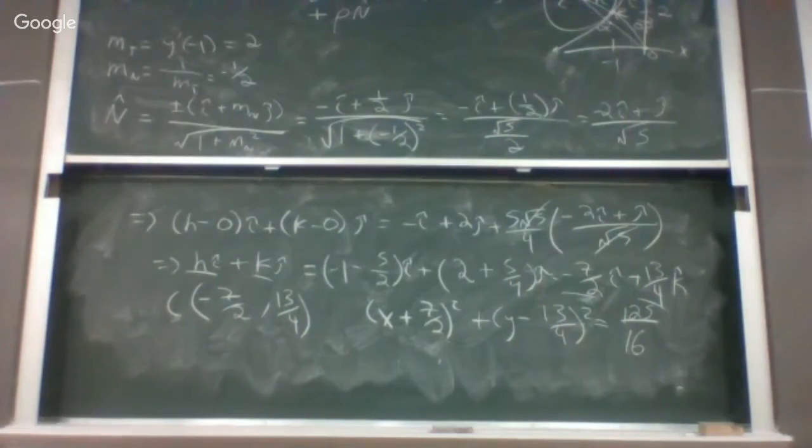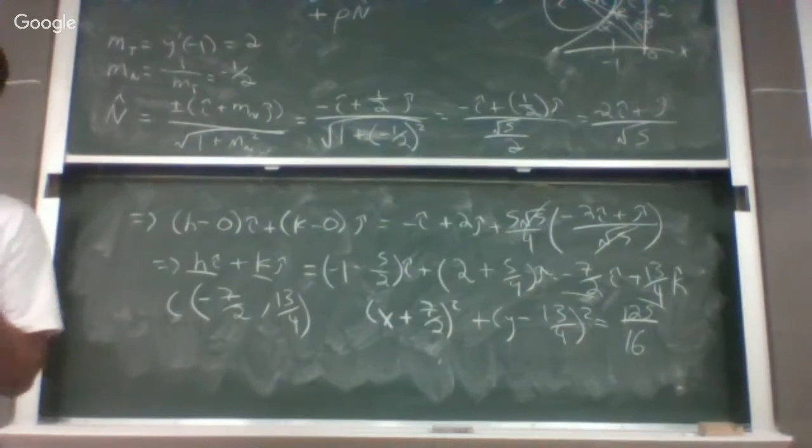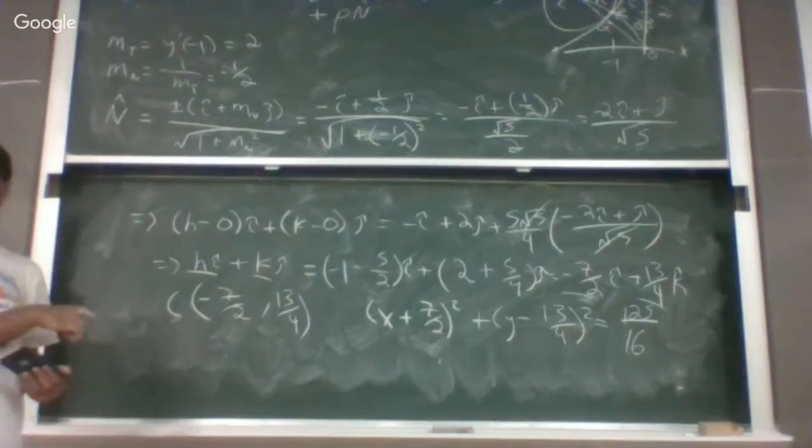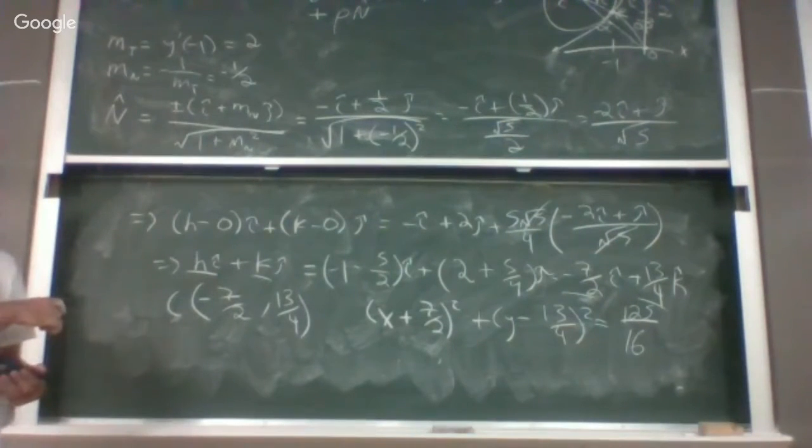Because this problem could be there for 2 or 3, well, it might be there for like 5 points or something. Okay. So any questions on this? This was exam 1, problem 4.